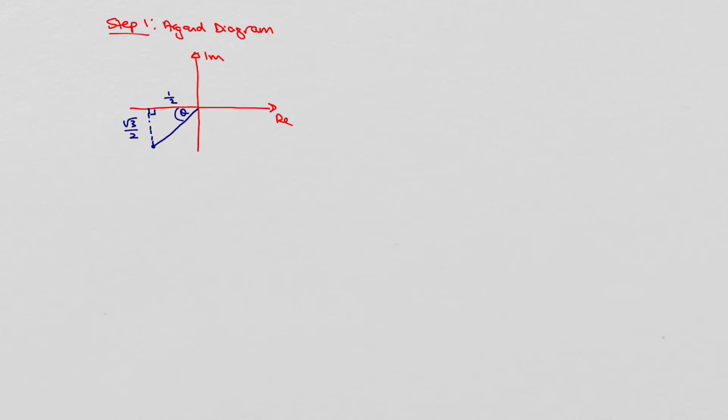We're going to mark in theta, which then allows me to mark in the opposite, the adjacent, the hypotenuse, and of course the hypotenuse is the modulus. So we can see that this complex number, minus a half minus root 3 over 2 i, lies in the third quadrant.